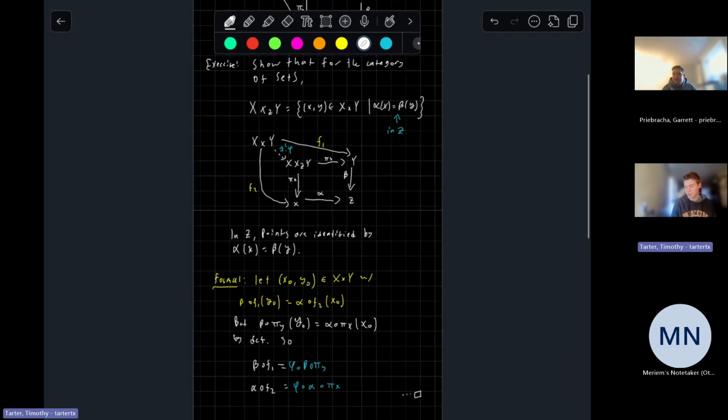And then this is the same notion as the pullback, right? So the pullback of Z in any diagram is going to be the thing that has two maps going into it that agree in X and Y. Yeah. No, that makes sense.